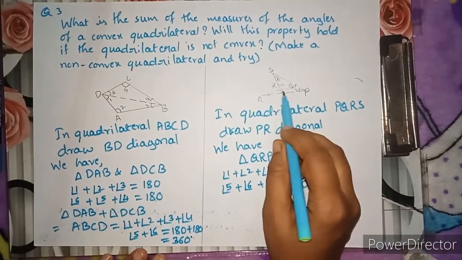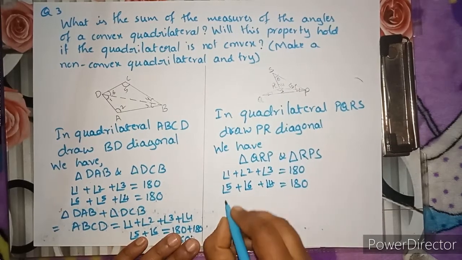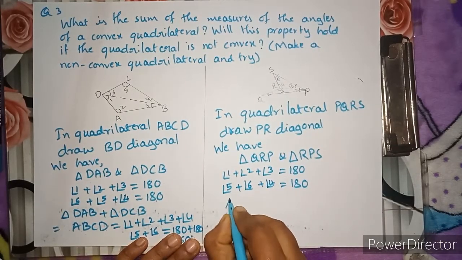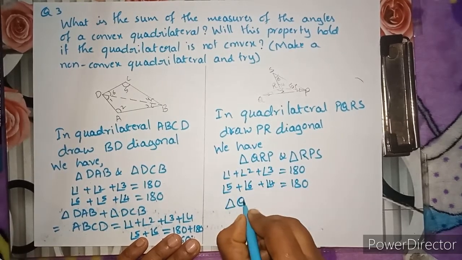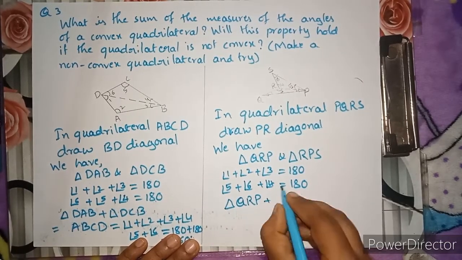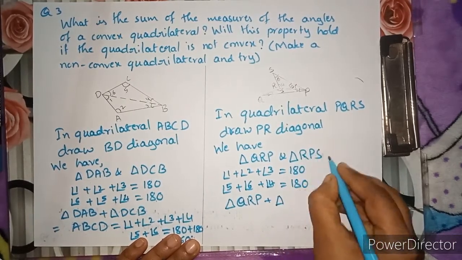So sum of angles of this quadrilateral PQRS is sum of angles of this triangle QRP plus sum of angles of another triangle RPS.